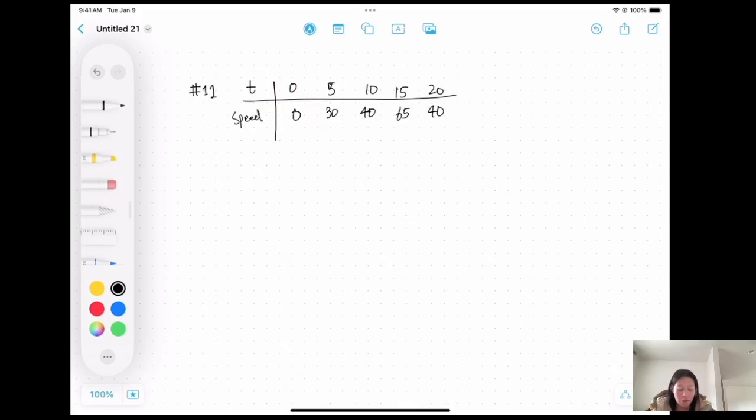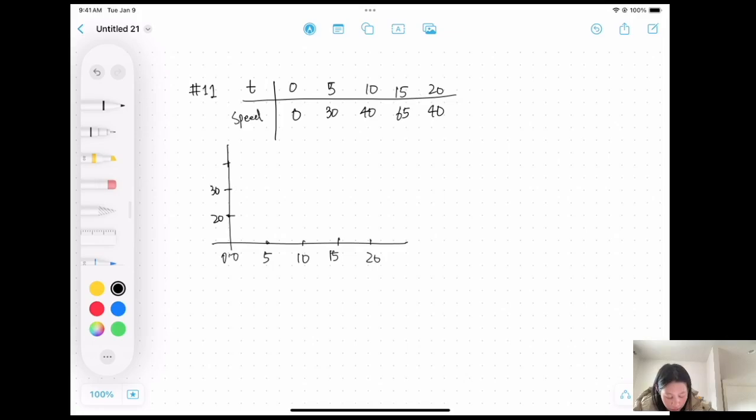So here's the graph. They want you to estimate how far the car traveled in the 20 minutes. Usually I would draw a graph which shows you what that looks like. So at time 0, I have 5, 10, 15, 20, and for speed I have 40, 60, and then 0.